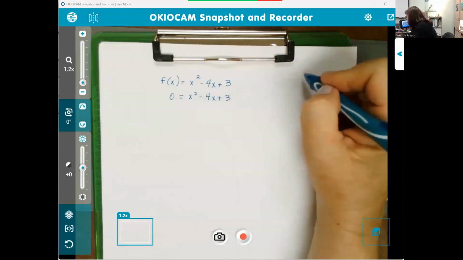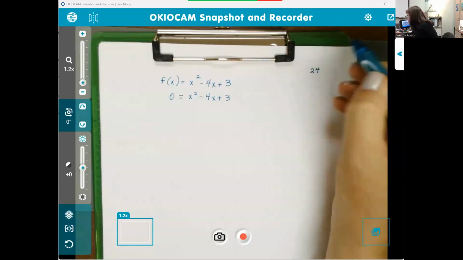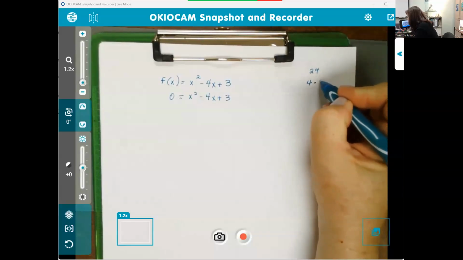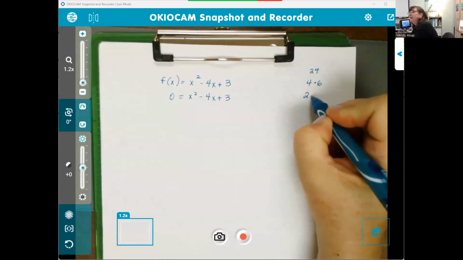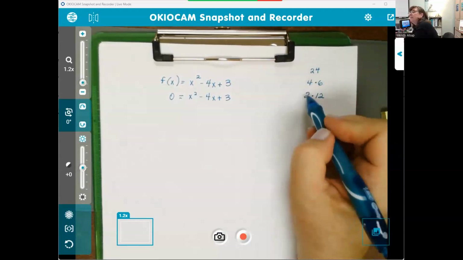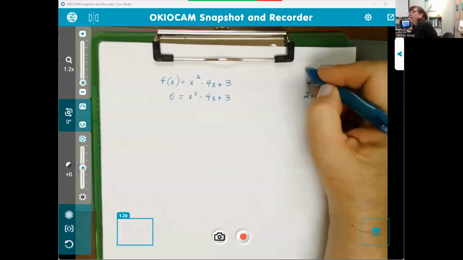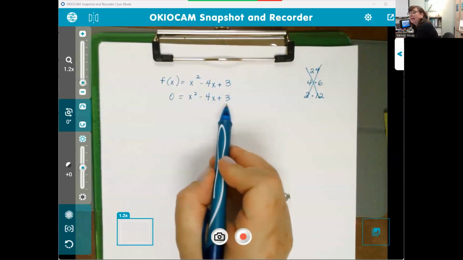Now think about factors. If I ask for the factors of 24, these are things that multiply together to equal 24. 4 is a factor because 4 times 6 equals 24. 2 is a factor because 2 times 12 equals 24. So the word factor means things that multiply together to equal something. Now, what are the factors of a quadratic?